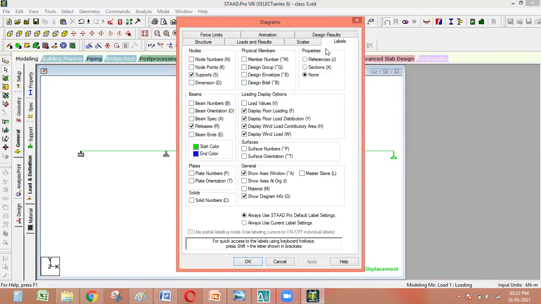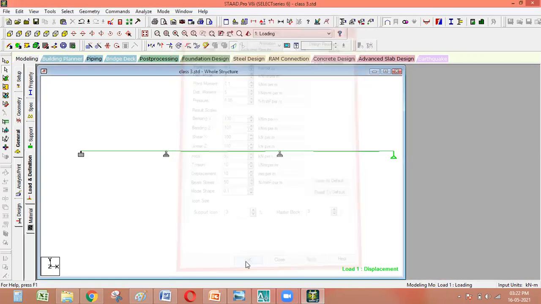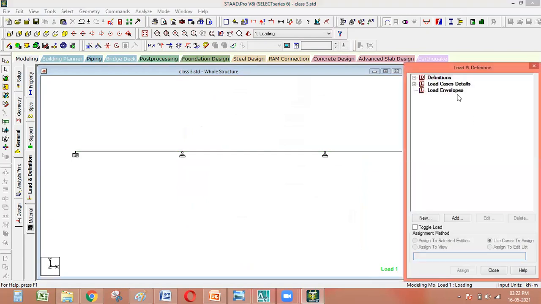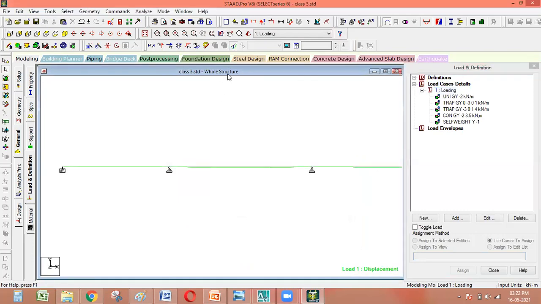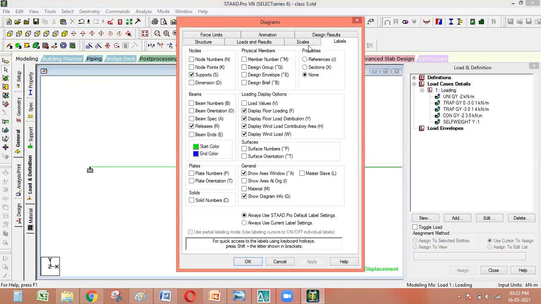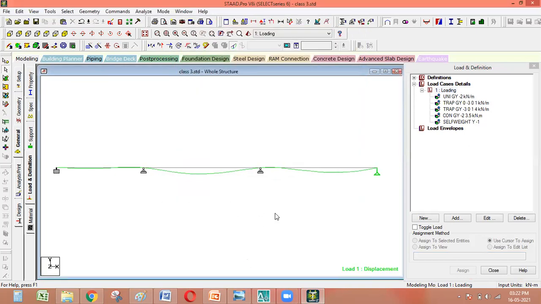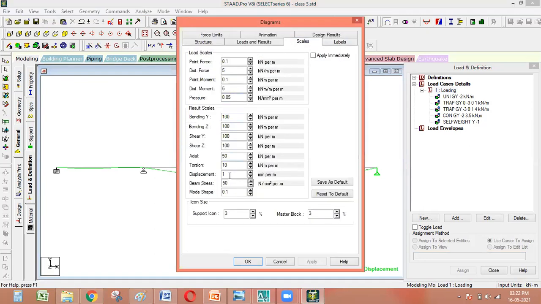Go to labels, scale, displacement, apply option. Again it is not visible. Again go to labels, scale, then reduce further. Now you can see a little bit. Some more you can reduce.